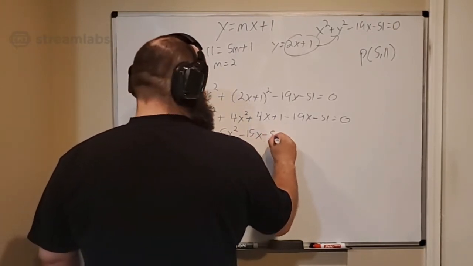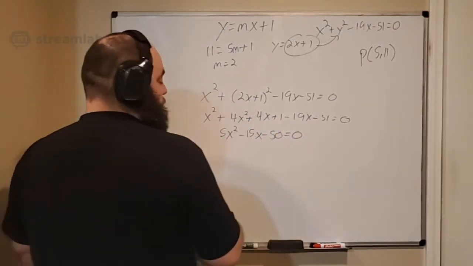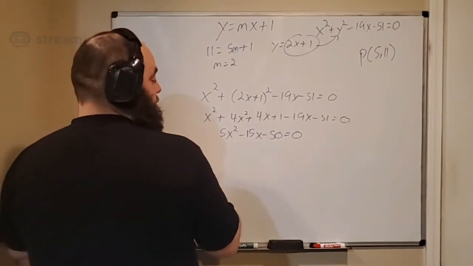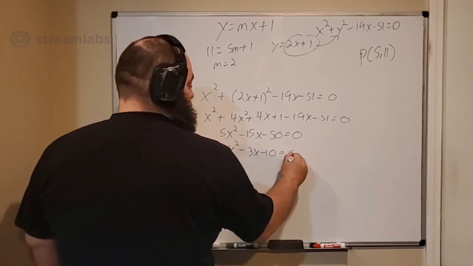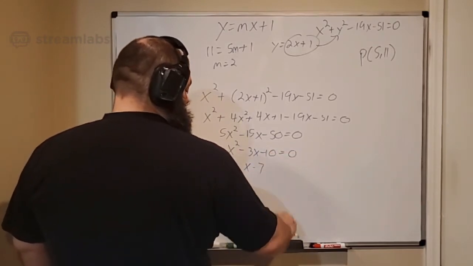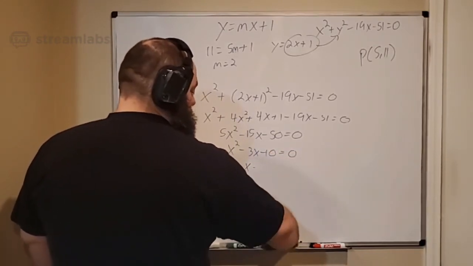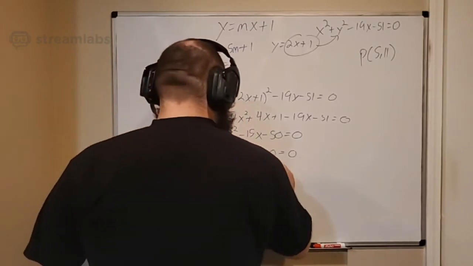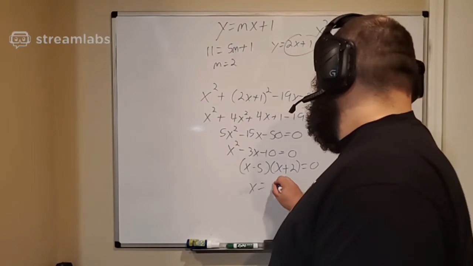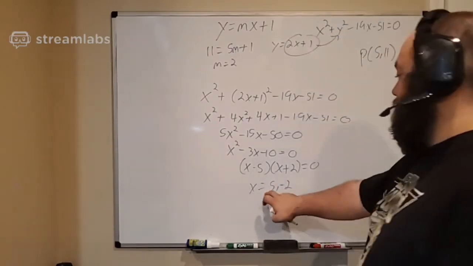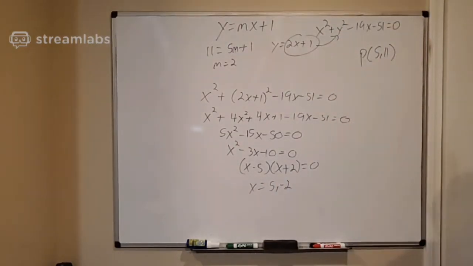Very fortunately for us, everything is divisible by 5 at that point, making our lives tremendously easier. So we know x is equal to 5 and negative 2, which is a good sign because one of our answers, x coordinate is 5. If I did not get that 5 value for x, that means I did something wrong because one of them has to be that 5 value, the other one being negative 2.